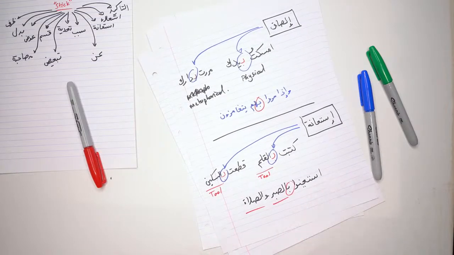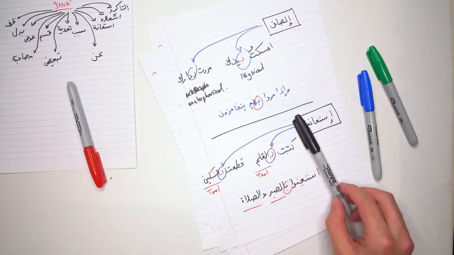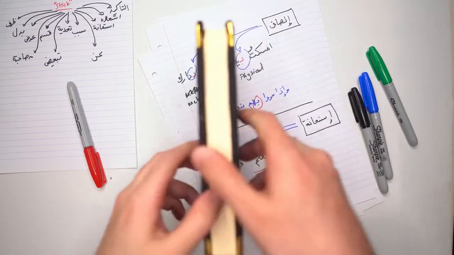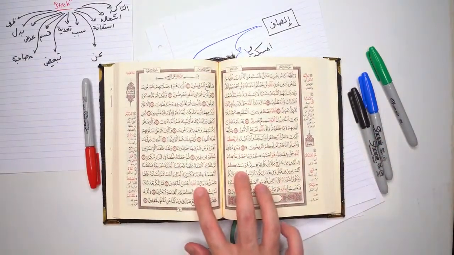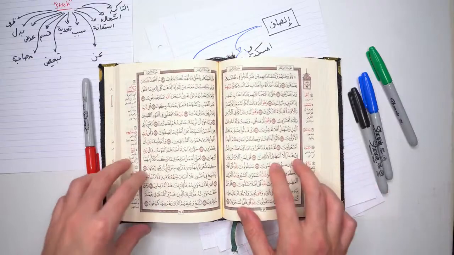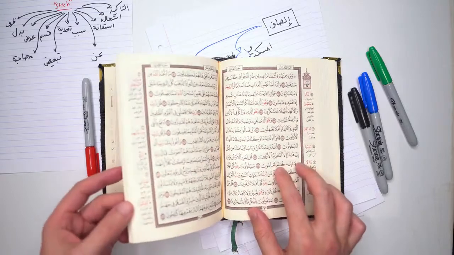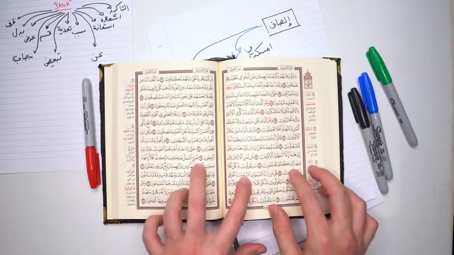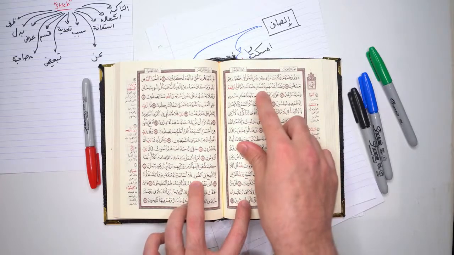You can look through the Quran. In fact, let me just have a little look in the Quran, to see if we can find some places where the ba has been mentioned. Alright, so: وَلَقَدْ أَخَذْنَاهُمْ بِالْعَذَابِ.